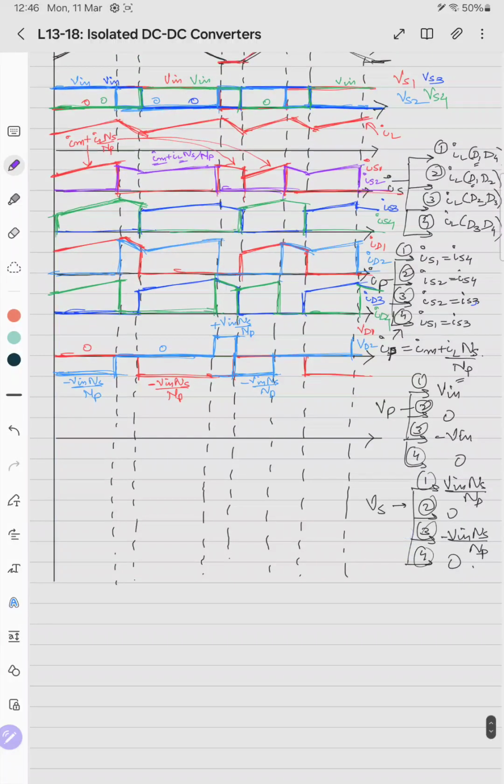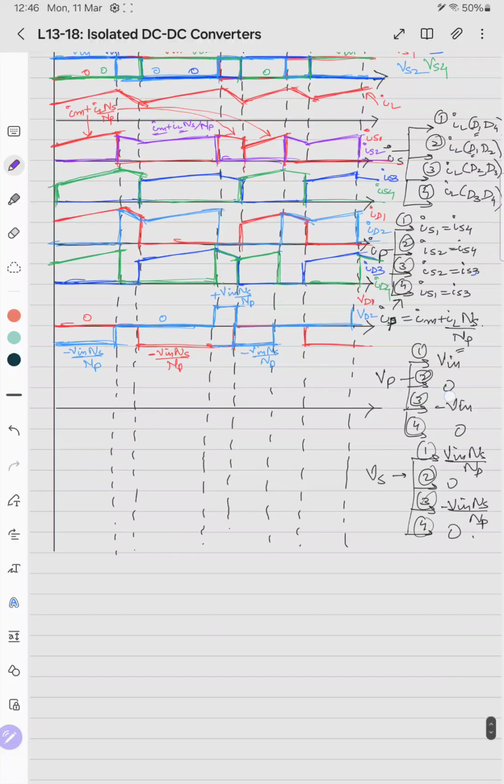For VD3, for cases 3 and 4 it is 0. This is VD3. For case 1 it is negative. This problem arises only in cases 2 and 4. Now for this voltage, let's assume that this negative is continued. This is 0, this is minus V in NS by NP, it is continued.